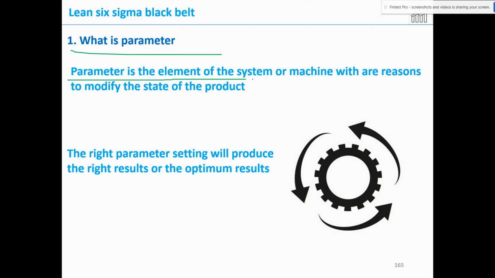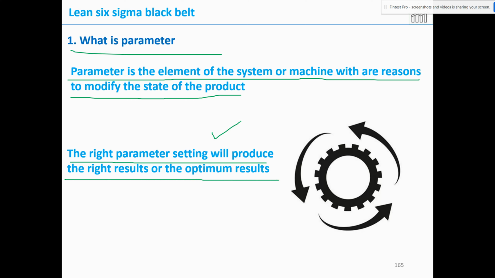A parameter is an element of the system or machine which is a reason to modify the state of the product. So the parameters are reasons which change the state of the product. The right parameter setting will produce the right results or the optimum results. So when the right combination of parameters is set in the machine, we can produce the optimum result.